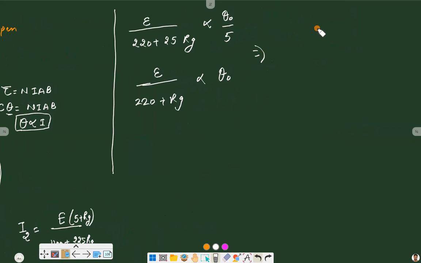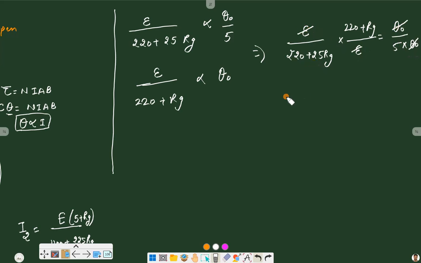Dividing these both, we get E by (220 plus 25 Rg) divided by E by (220 plus Rg) is equal to theta naught by 5 divided by theta naught. So theta naught cancelled, E cancelled, we have (220 plus Rg) over (220 plus 25 Rg) is equal to 1 by 5.